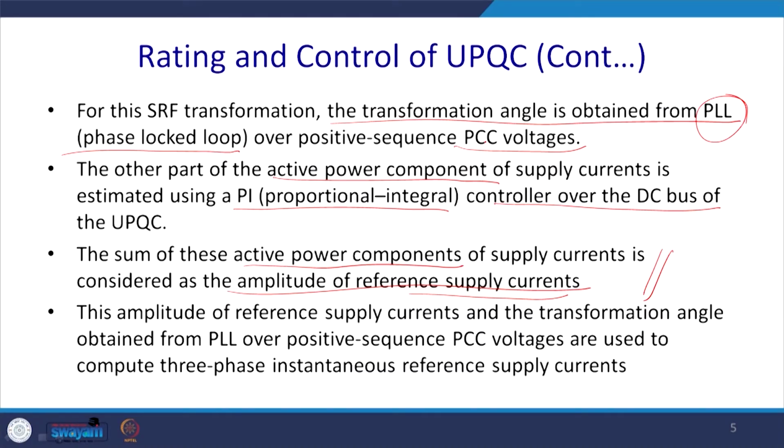So, the amplitude of this reference supply current and the transformation angle obtained from the PLL positive sequence PCC voltage are used to compute the 3 phase instantaneous reference supply current. So, that is something we will see in our next classes, how PLL functions and how we generate this reference in this method.